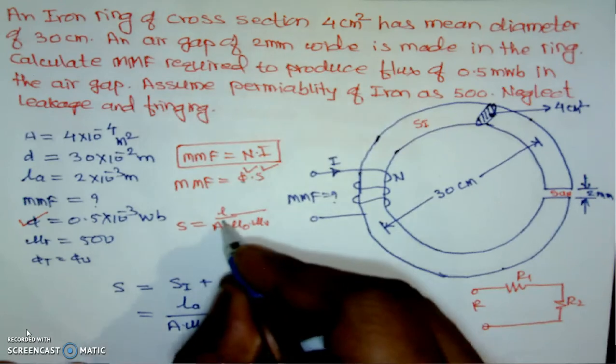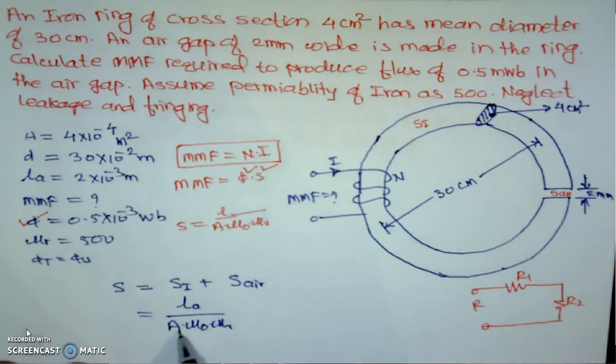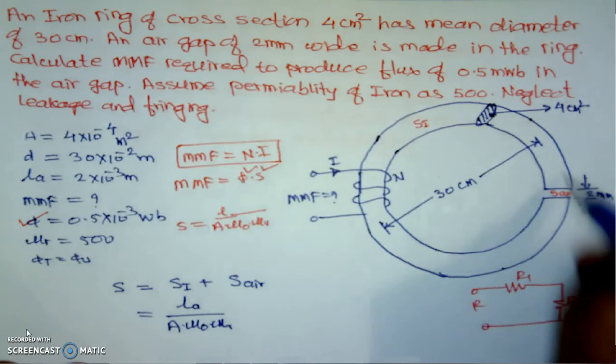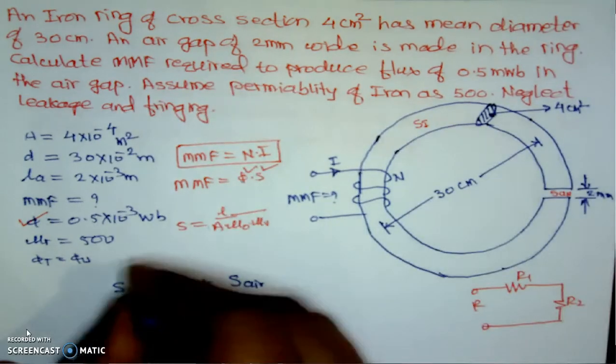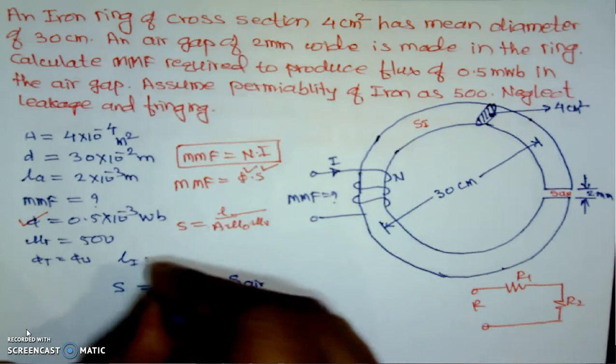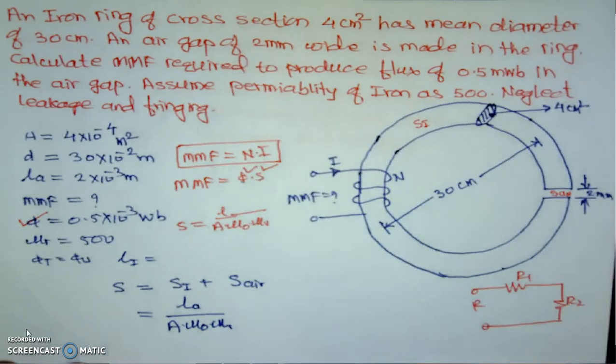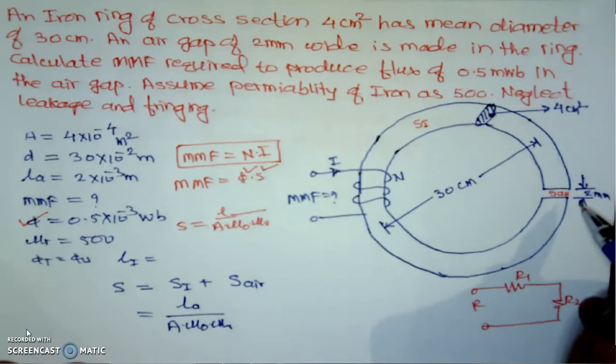Here A is the cross-sectional area, which is already given. But what is L? L is the length of this magnetic path, which is not given. The length of this iron path is equal to the diameter of this ring minus 2 millimeter, which will be the length of the magnetic path.